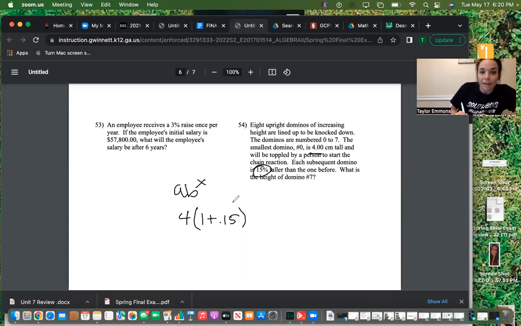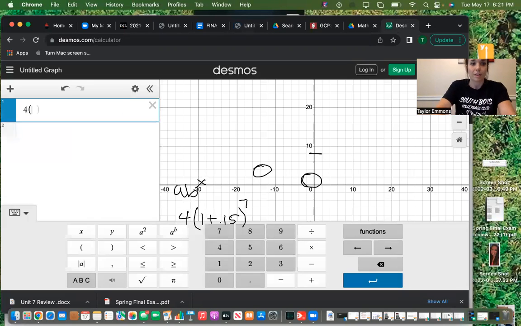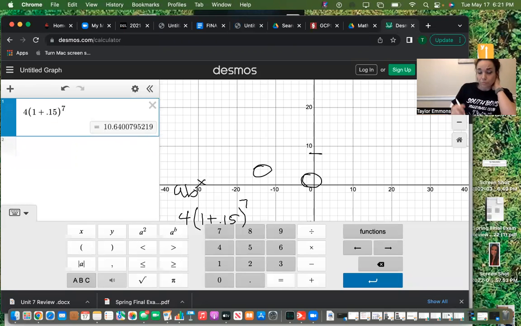And we're going to do that 7 times because we're trying to figure out number 7. So we're going to plug it into our calculator: 4 times 1 plus 0.15, raised to the 7th power. So the 7th domino is going to be 10.64 centimeters high.